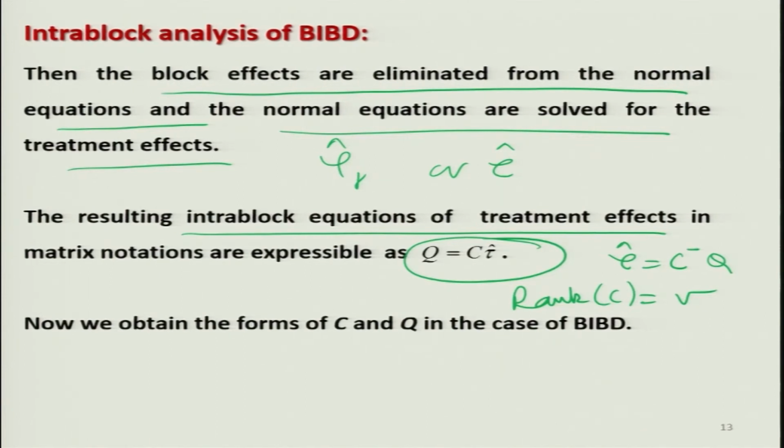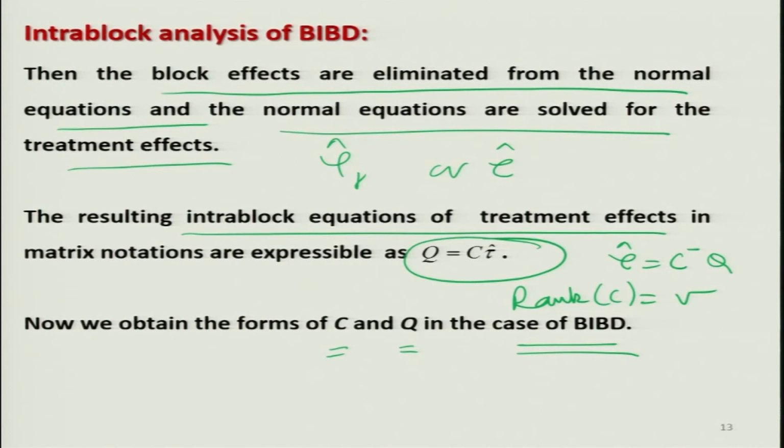So, now the situation has come where we are assuming that we are at a stage. Suppose we started from the beginning, and now we have done all the algebra, we have obtained all the normal equations, and finally we have reached a condition where we have Q = C tau. Now, the next question is, what are the forms of the matrix C and vector Q in the case of BIBD?